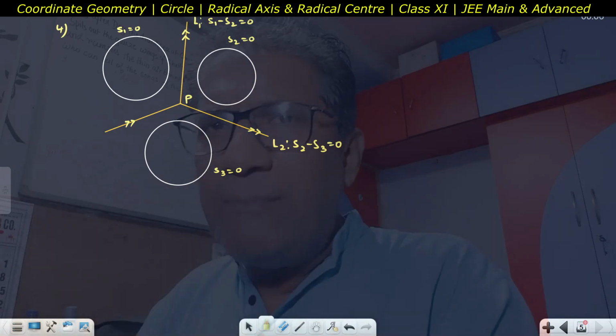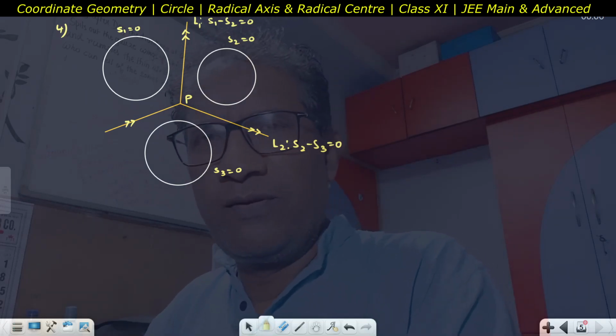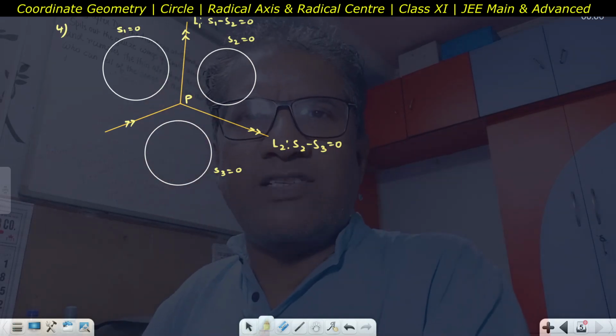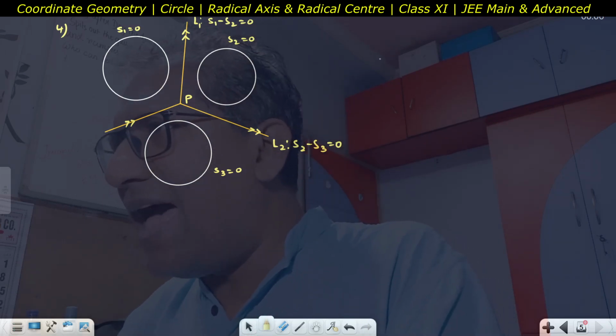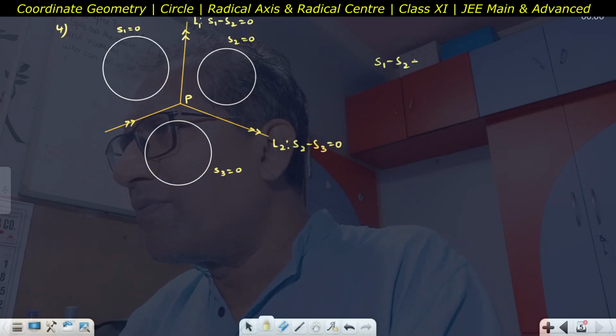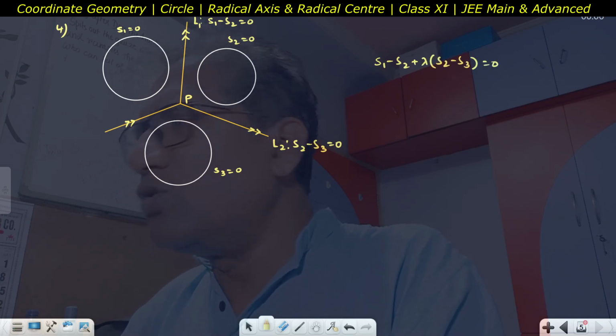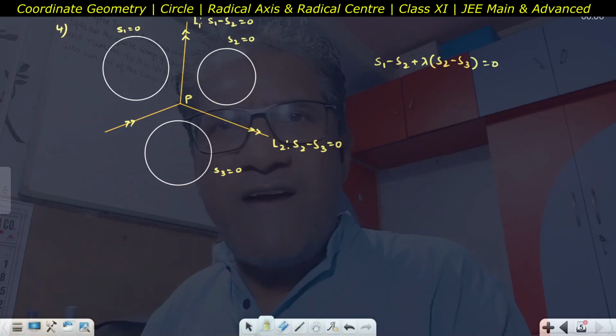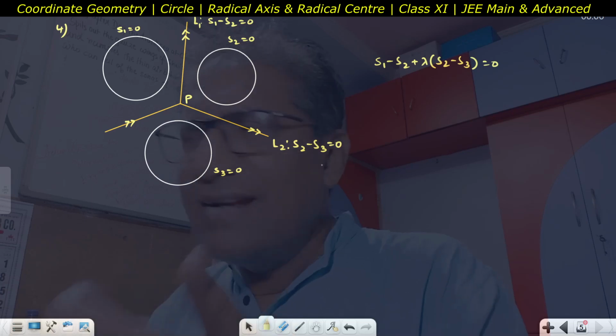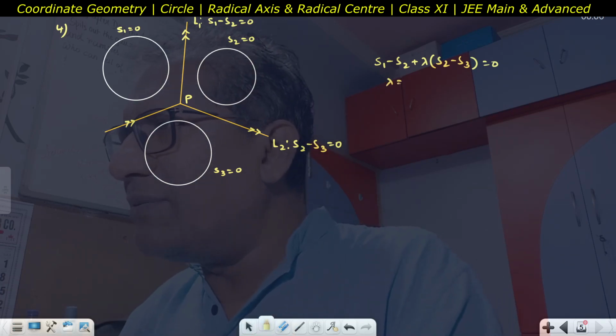Now from the family of lines, we know that any line which is passing through the point of intersection of two given lines is written as L1 plus lambda times L2 equals to 0. Now here lambda is a parameter. Lambda can take any value. Let us say lambda is 1.